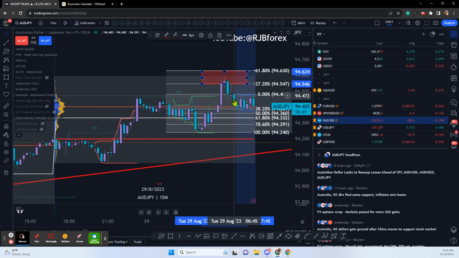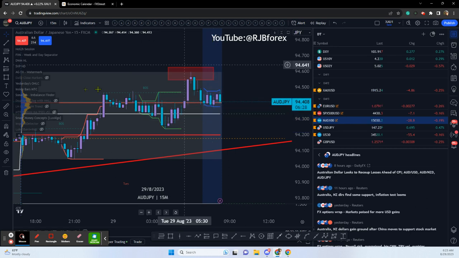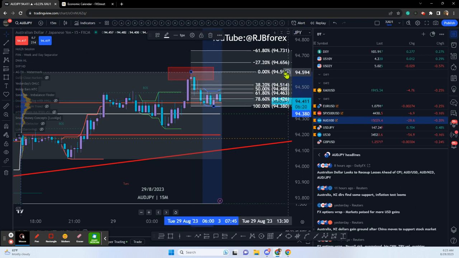A subsequent sell-off. Now we could be impulse correction. We could see the continuation to the upside, and therefore we can do the same on this correction. So impulse correction. If this is going to move higher, then perhaps it can go to 94.65, 94.73, somewhere like that.